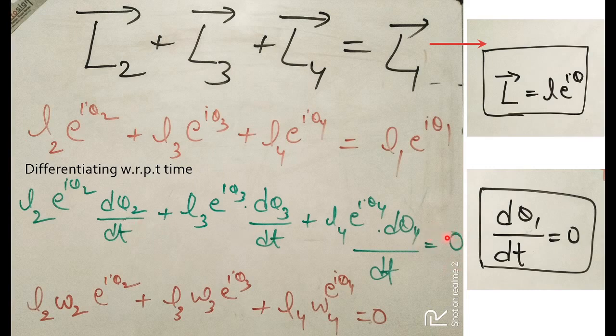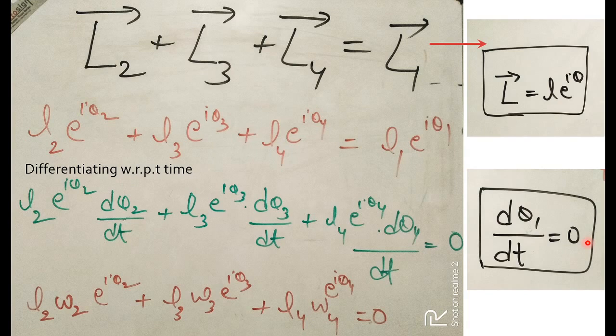Again, I skipped one line that I will explain. It is supposed to be equal to what? L1 e raised to i theta 1 into d theta 1 by dt. But this d theta 1 by dt will be 0. Now you think why? You check your diagram. What is theta 1? Theta 1 is the inclination of link 1, or whatever corresponds to the rotation or inclination of link 1.